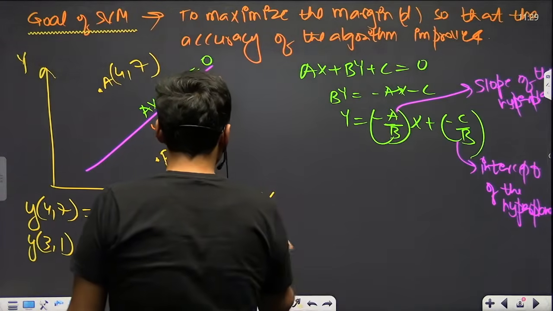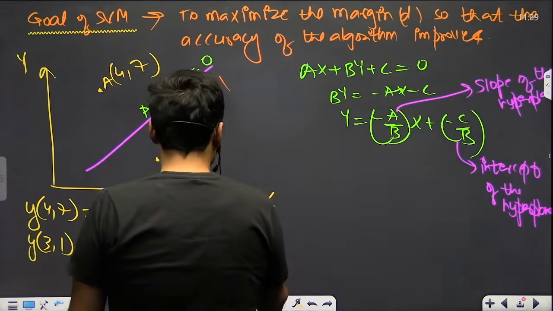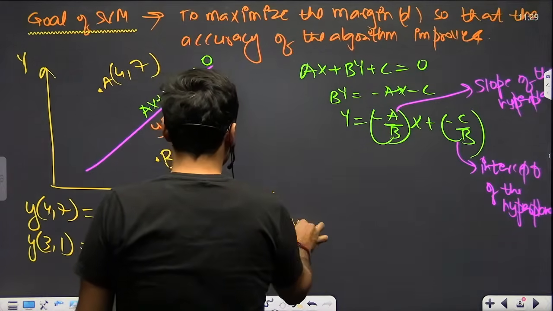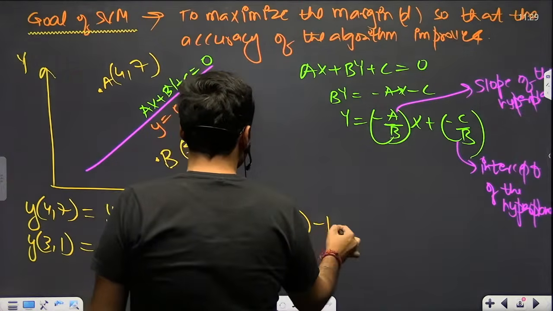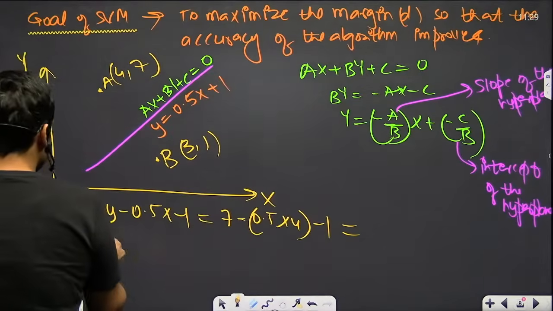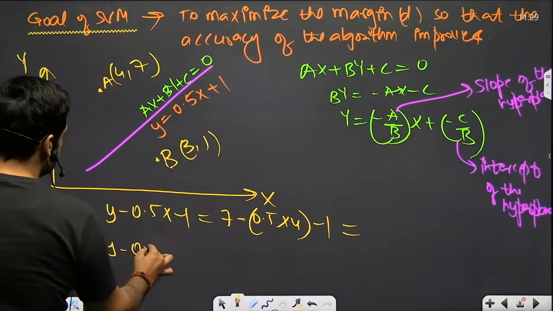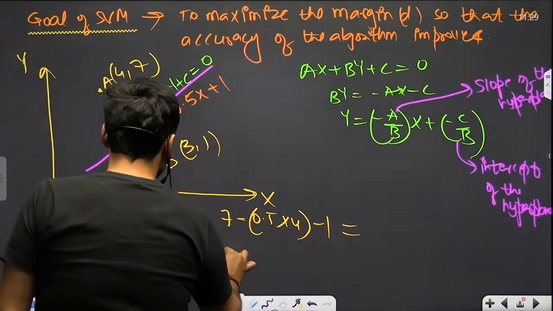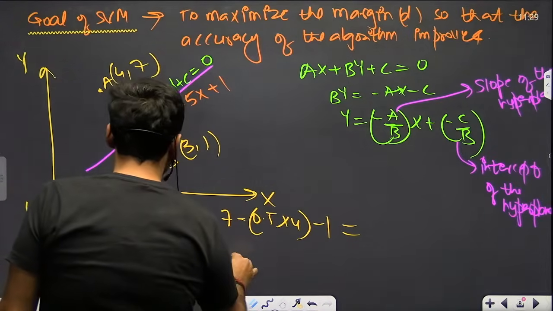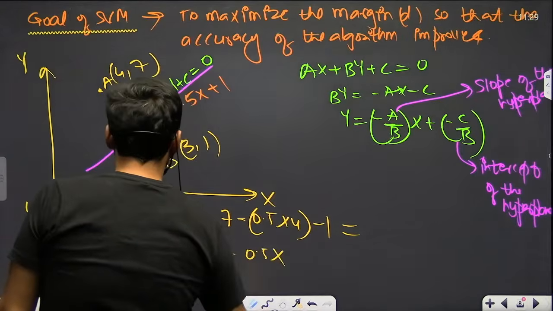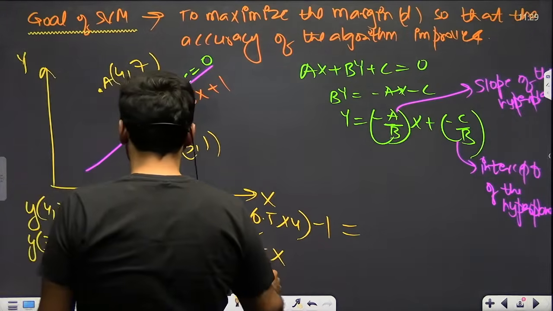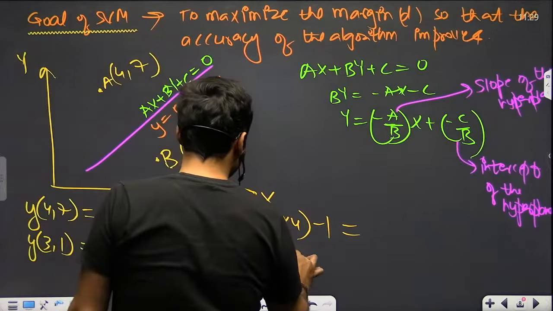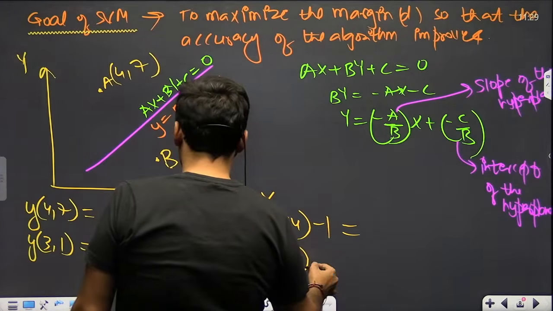So I would be getting 7 minus 0.5 into 4 minus 1. Okay, and here y of 3 comma 1, so I'll be just putting x equals to 3 and y equals to 1, so 1 minus 0.5 into 3 and minus 1.